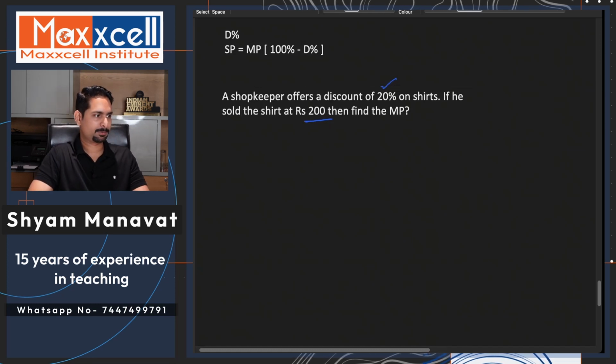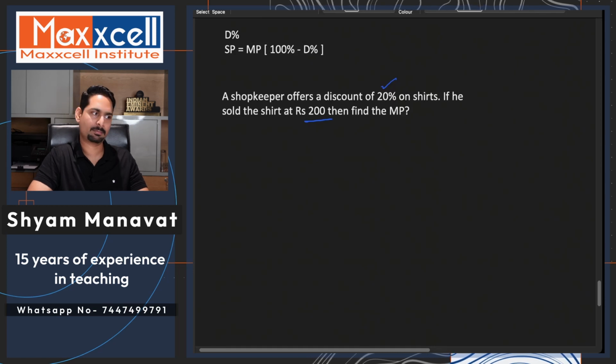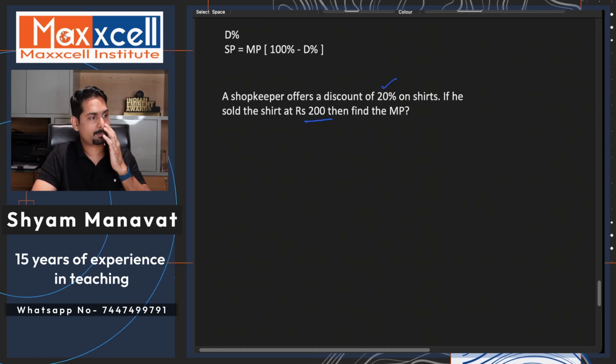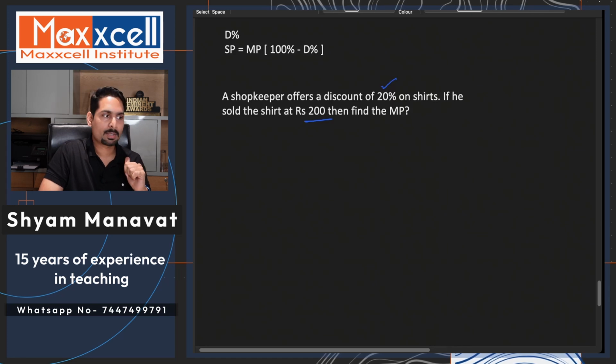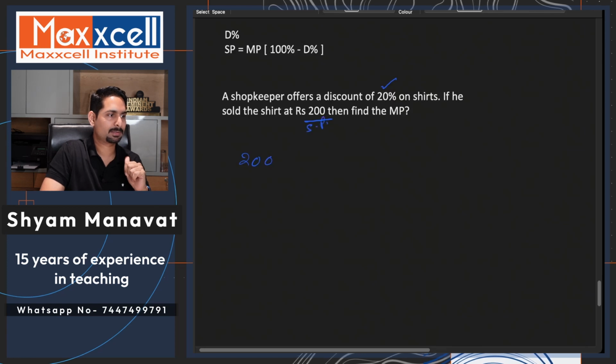Yeah, this looks better. If he sold the shirt at 200 rupees, then find the mark price. He sold, so it's past tense now. Okay. So apply the formula. Selling price is equal to mark price into 100% minus discount percent. So selling price is 200. Let me directly replace the values here. This is selling price and this is discount percent.